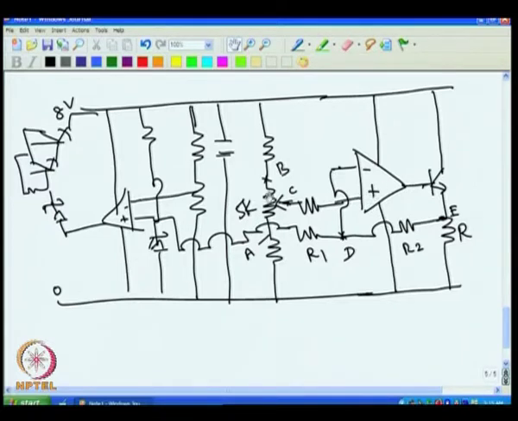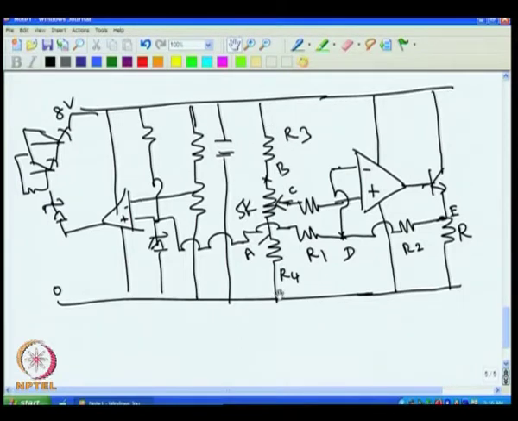This resistance is known, so I can select R3 and R4 and this 5K pot.